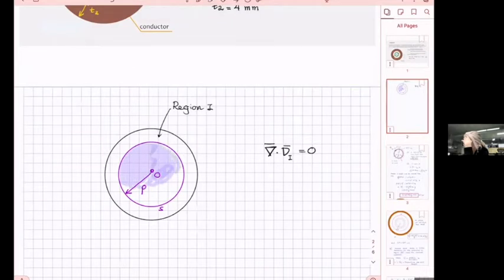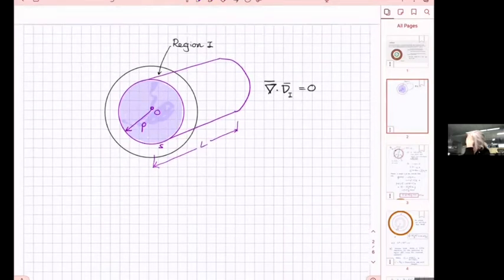I take this cross-section, and then I also take a given length, because I need a volume. So I take a given length of this cylinder, and let me call this length L. Then I integrate this divergence in this volume, which is made out of the surface S plus the length.